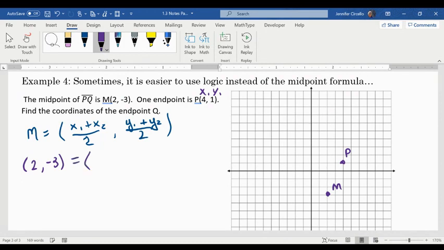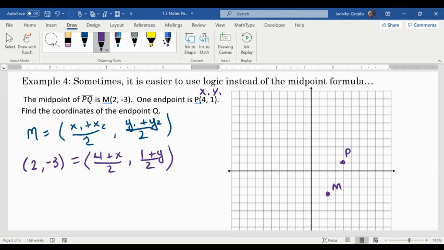And filling in x1 and y1, we get 4 plus x, you don't need the x2, there's only one x now, over 2, and 1 plus y over 2.